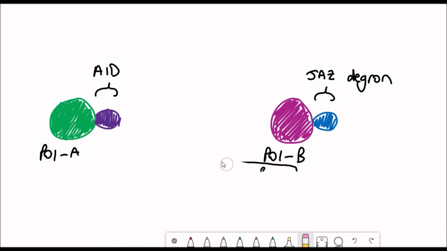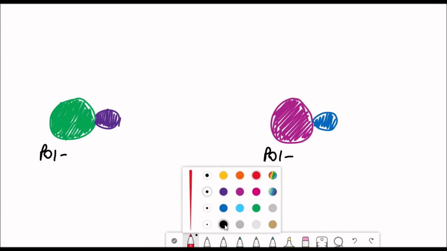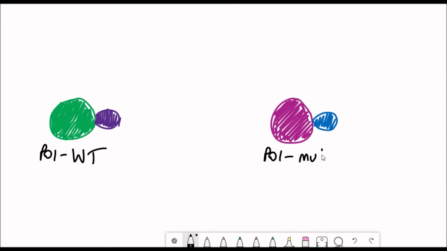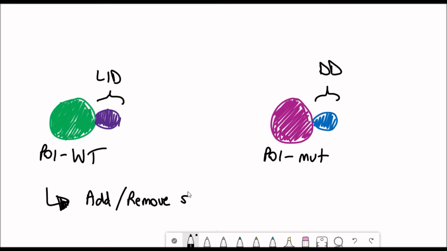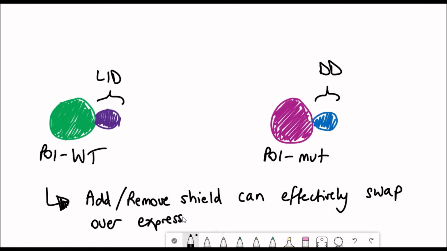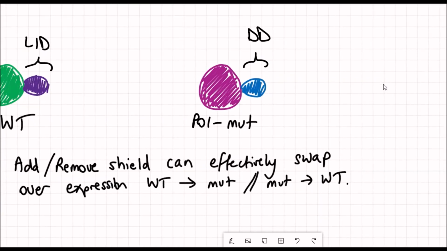So the potentially cool aspect of the system here is that through the addition of SHIELD1, you could stabilize one protein and destabilize another. So if you have, let's say, a wild-type protein, and you fuse that to the ligand-induced degradation domain, and you had a mutated protein of interest, so the same protein, just the mutant version, with the destabilizing domain, then through the addition and removal of SHIELD, you could, in theory, swap the protein from being wild-type to mutant and then mutant back to wild-type, which would be a really neat system to have.